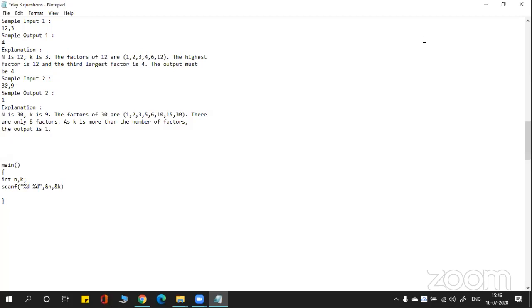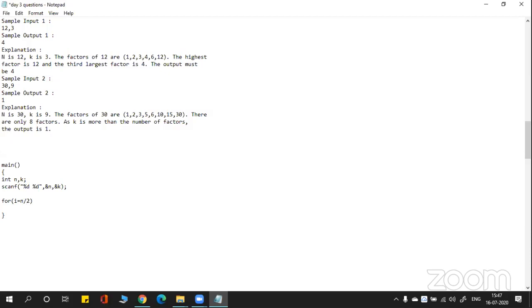After taking the input, what should we do? We have everything, so we can directly start a loop. I'm taking a for loop. I told you it is better to start from i equal to n by 2.